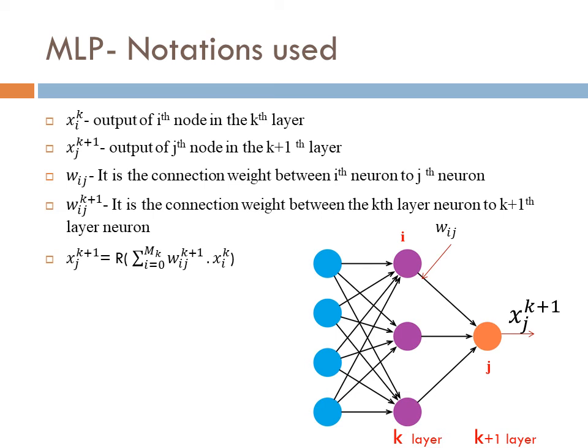We have to take the linear combination over i equal to 0 to m_k, where i equal to 0 includes the bias weight. After taking the summation, we apply the simple nonlinear function, which is represented as capital R here.